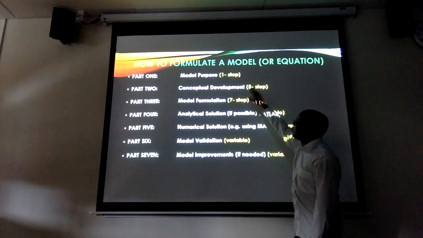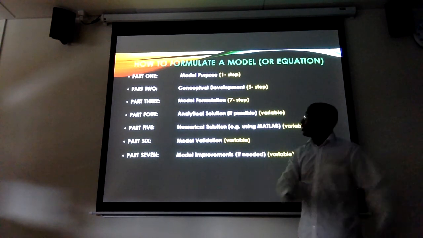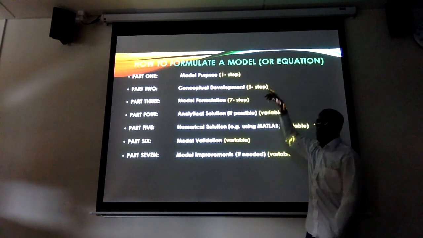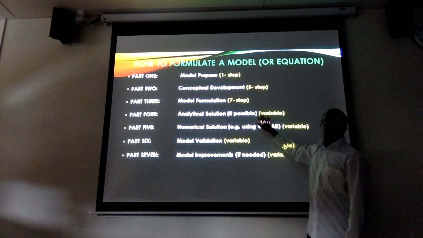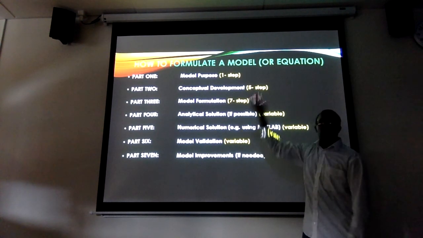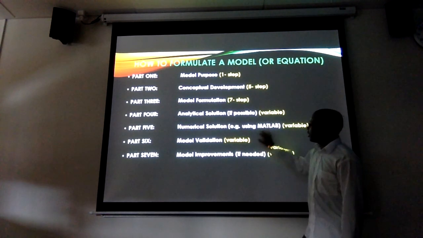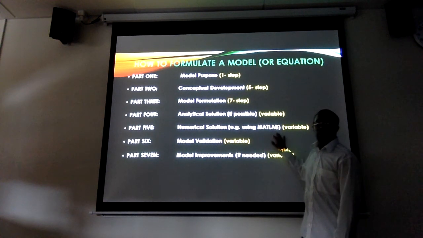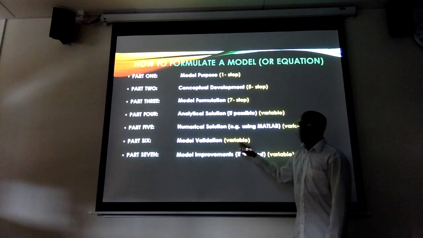Part 1 is you state your model purpose. It's just one step. You say, I need to predict this and this. Part 2 is conceptual design. It's about 5 steps. Model formulation, you do actually the calculations. And then analytical solution. Sometimes, if it's possible, then you come up with an analytical solution like we did in the last differential equation. Okay? Step 5, you come up with a numerical solution using, for example, MATLAB or Comsol, something like that. 6, you do model validation.